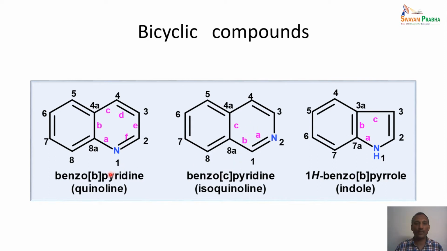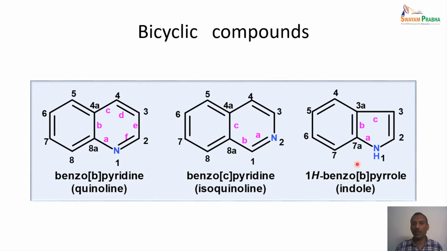That is exactly represented in the name, because if we look at this structure, this is the A face, this is the B face, and this is the C face. The C face has the fusion with the benzene ring. So this compound is named benzo[c]pyridine. So isoquinoline is named benzo[c]pyridine, and quinoline is named benzo[b]pyridine.